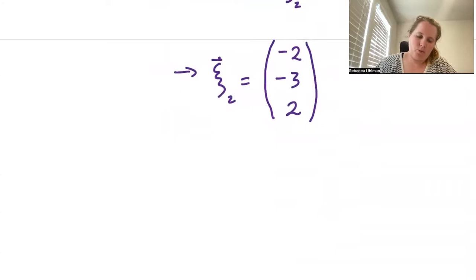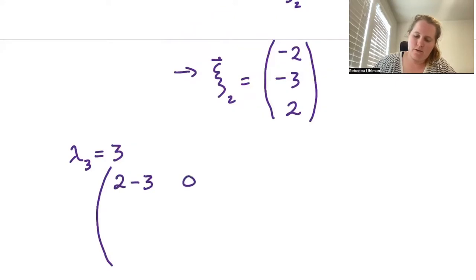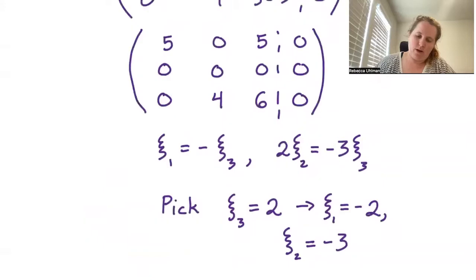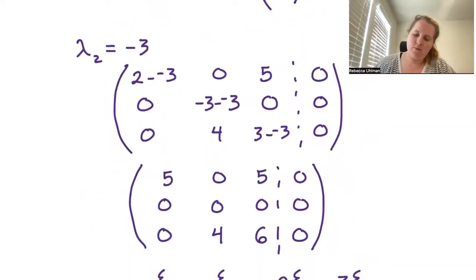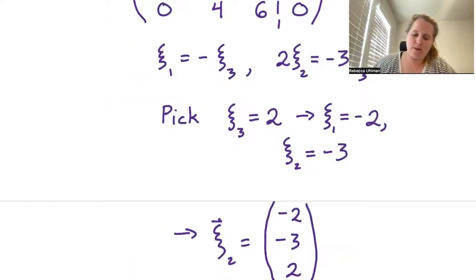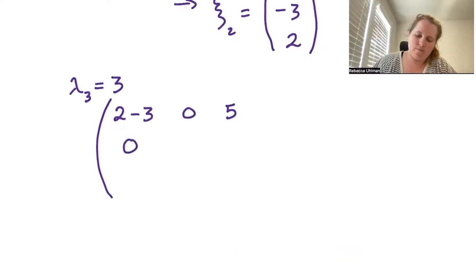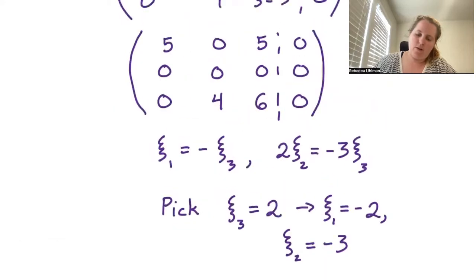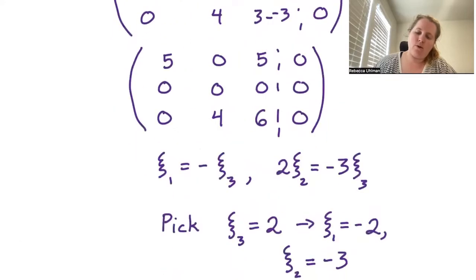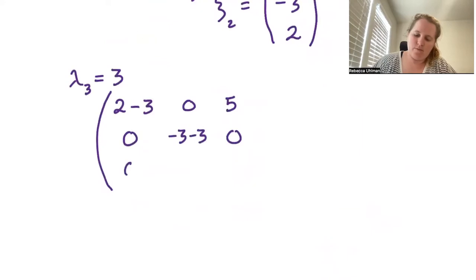Then we have to find one more eigenvector. Lambda 3 was equal to 3. The augmented matrix we are looking at, we had 2 minus 3, 0, 5, followed by 0, negative 3 minus 3, 0, followed by 0, 4, 3 minus 3.